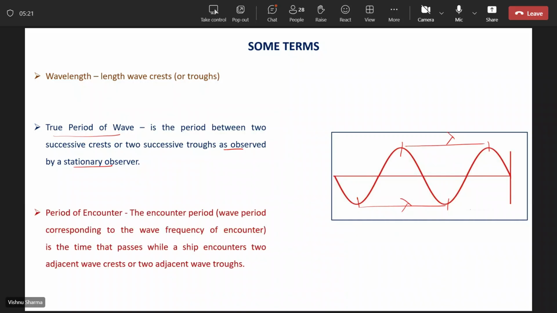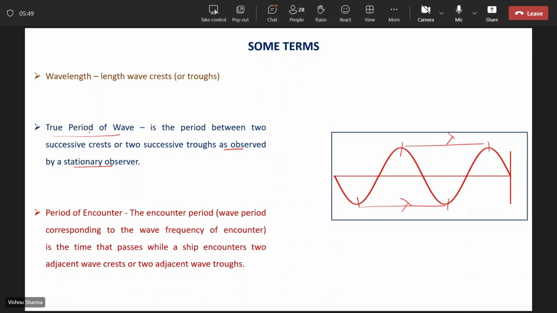What is the period of encounter of the wave? Now, guys, whatever is the true period of the wave, that gets modified if the observer is not stationary. Therefore, the encounter period, or the period of encounter of the wave, is the time that passes between two successive crests or two successive troughs to a moving observer.